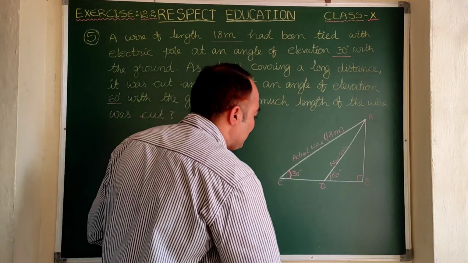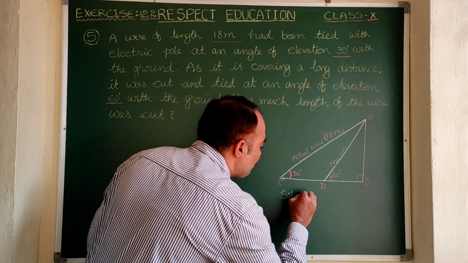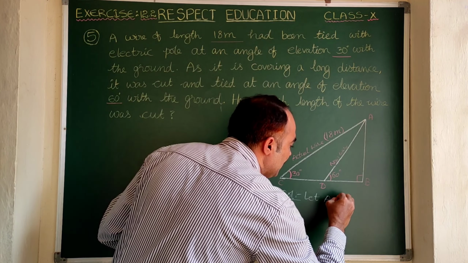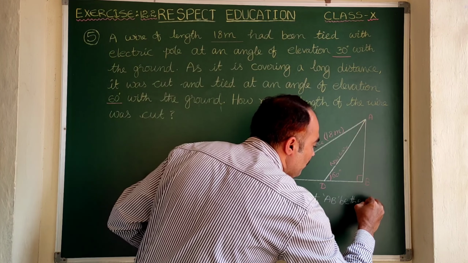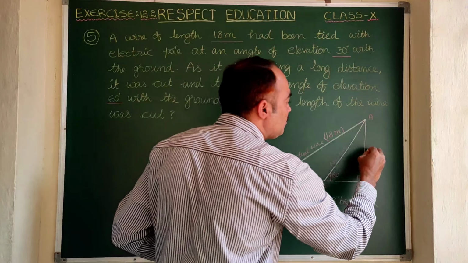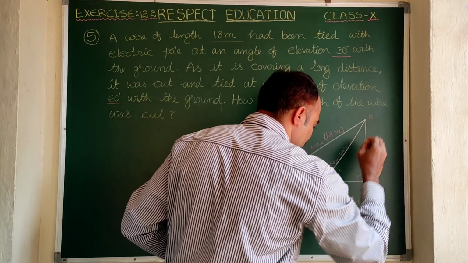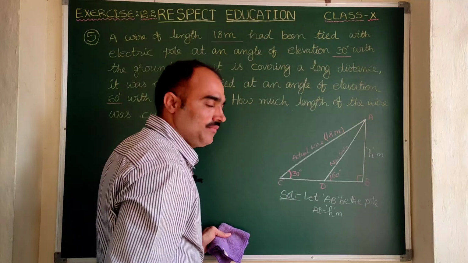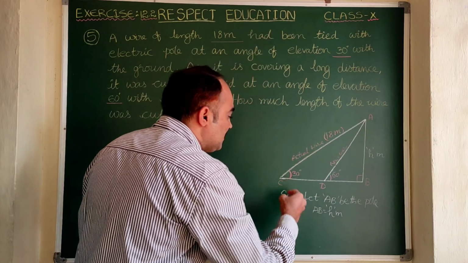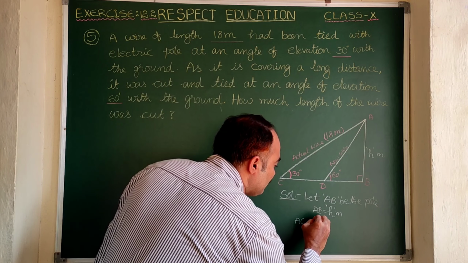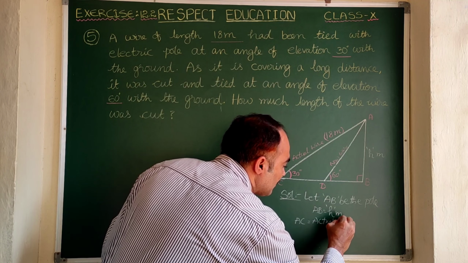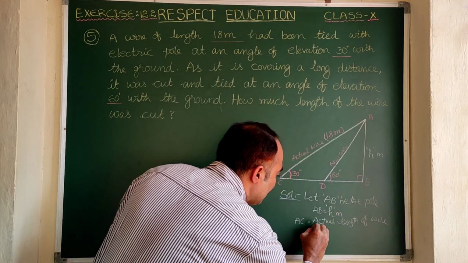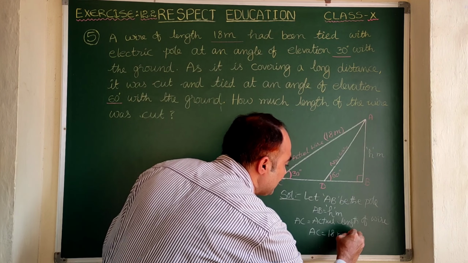So let us write here, given: let AB be the pole. As it is not given, let us take its height as h meters. So AB is equal to h meters. Now AC is the actual length of wire, so AC is equal to 18 meters.